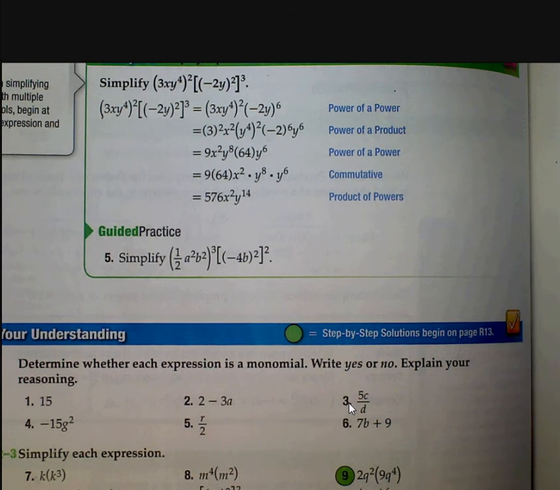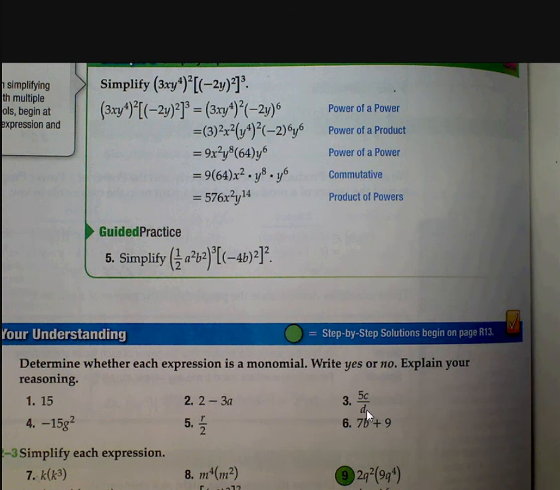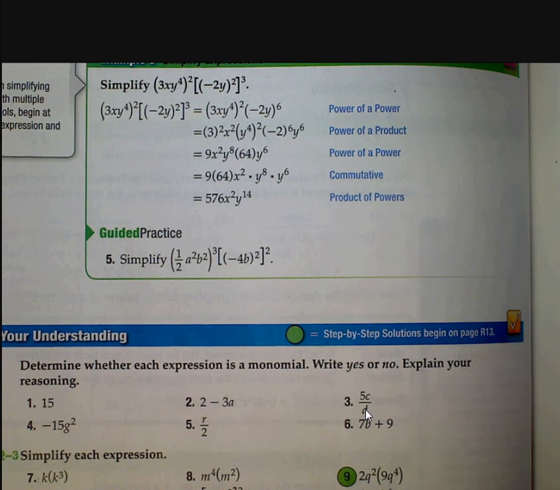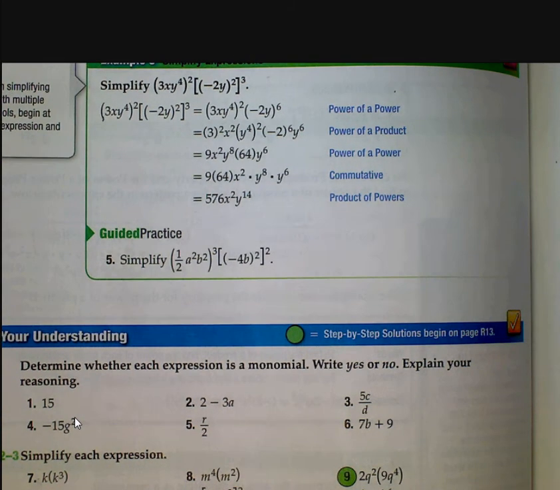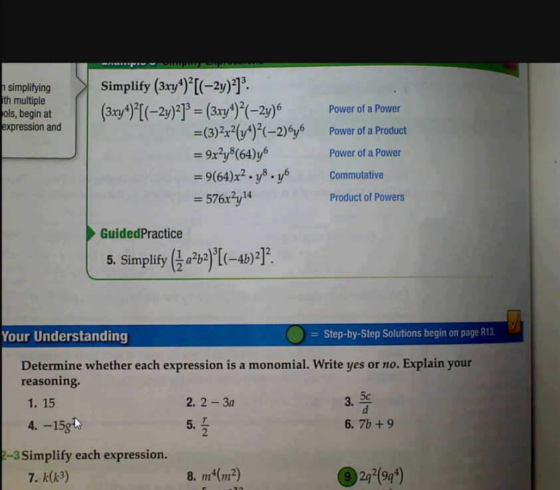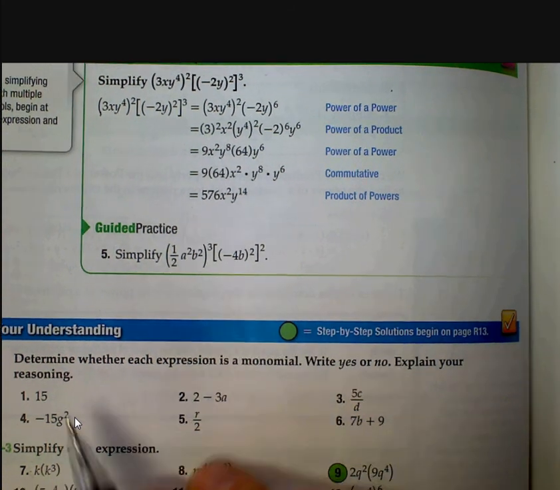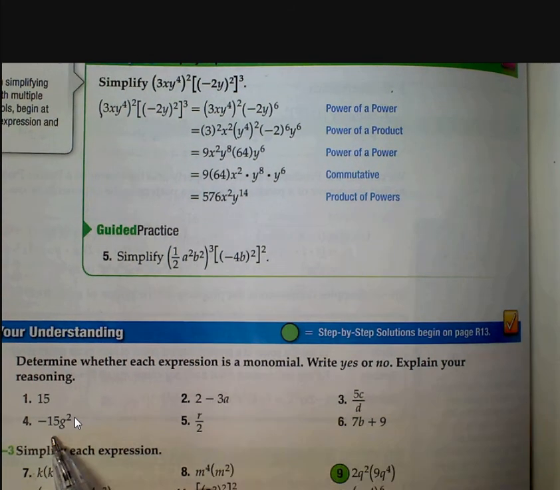Number 3, no because I have a letter on bottom. Number 4 is a monomial because I have a number, letter, and my exponent is positive, not negative. So that's it. Yes, no, no, yes. Okay? So I'm not going to write that down.